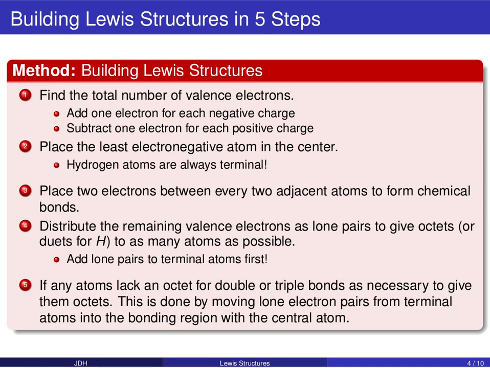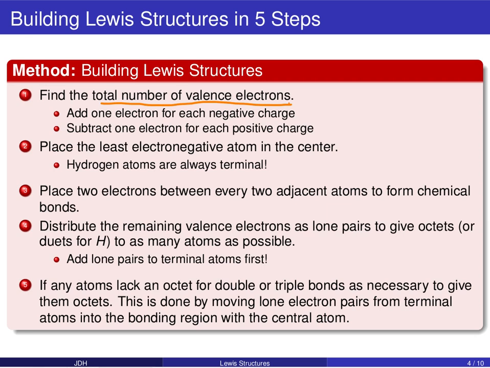I'm going to do a quick read through of these steps, and then we'll go back through and look at examples of every step along the way. The first step in building a Lewis model: remember, atoms are held together by electrons. The electrons serve as the glue holding these atoms together to form molecules. So your first step is to figure out how much glue you're working with. You're going to have to add up the total number of valence electrons.